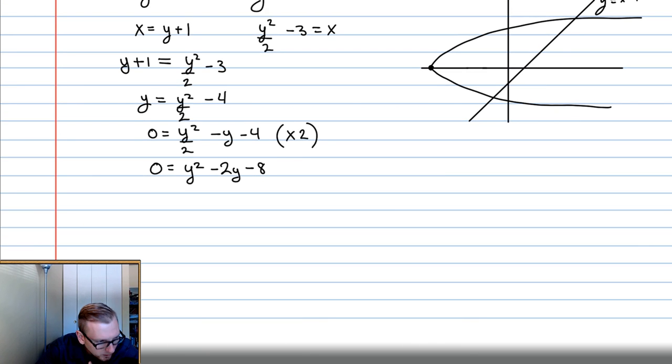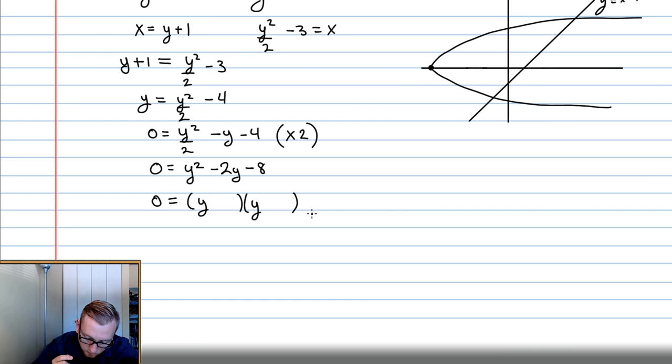Well, we gotta factor this. What two values, when added together, give you minus 2, but multiplied together give you minus 8? Multiply to give us minus 8, but add to give us minus 2. Well, 4 and 2 are factors. If one of them was positive and one of them was negative, they'd multiply to negative 8.